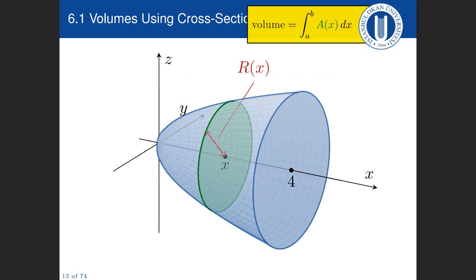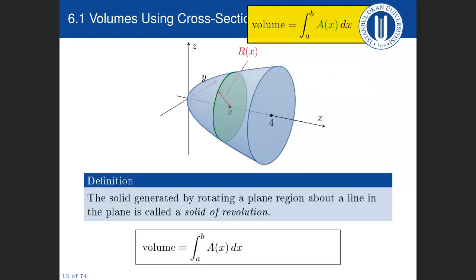What is the volume of this three-dimensional object? A solid like this, generated by rotating a plane region about a line in the plane, is called a solid of revolution.